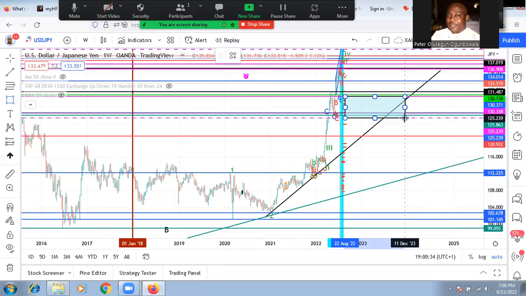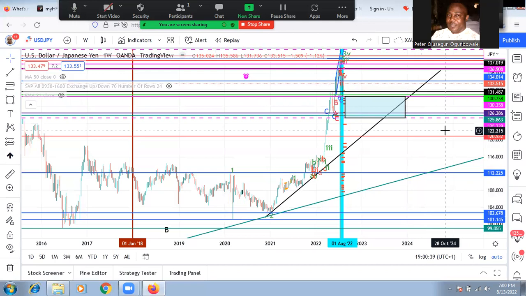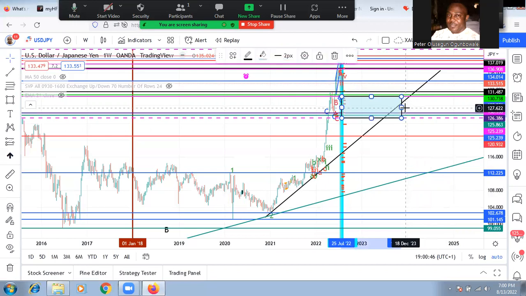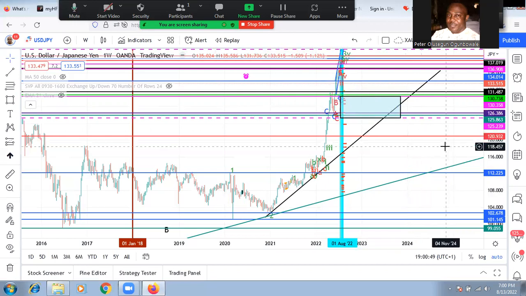So where we see the first pink and the second pink, that's the blue zone for more upside, where the price should turn to the upside.